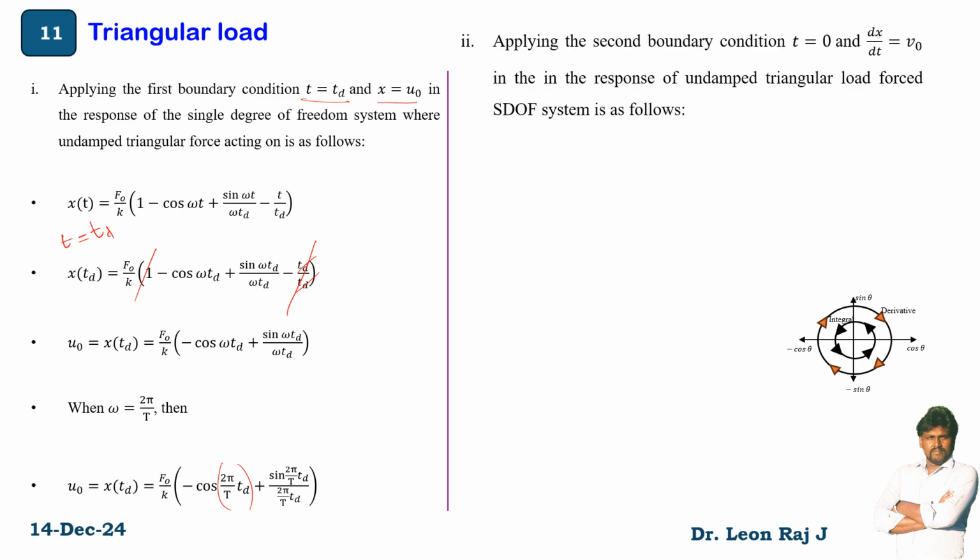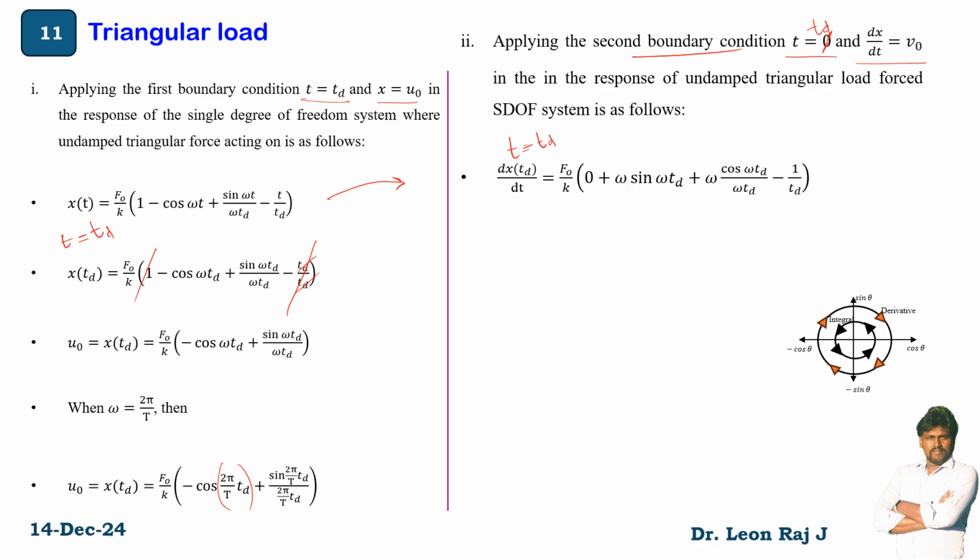By applying the second boundary condition, dx by dt equals v0, sorry, this is when t equals td. So for the response at t equals td, just differentiate this x of t with respect to time t.